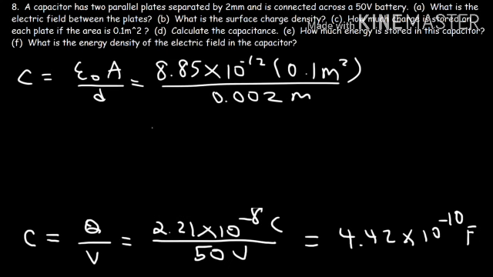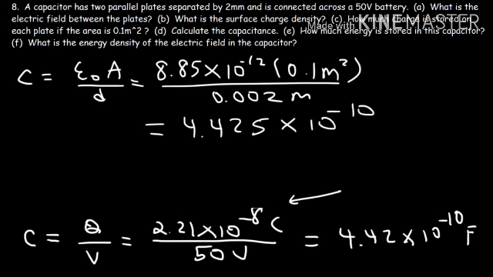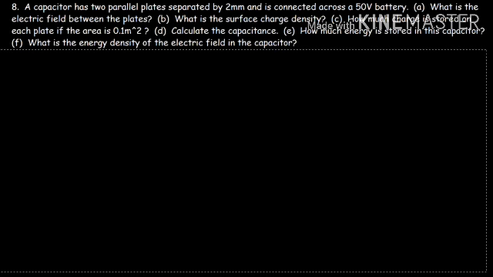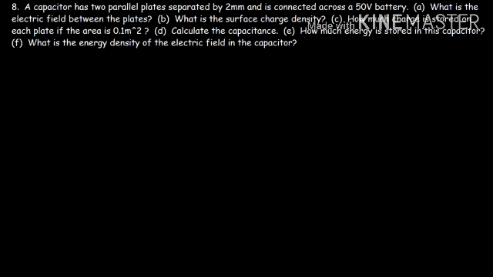So this will also give you 4.42. It's really 4.425, but this answer is a rounded answer, times 10 to the negative 10 farads. So using either equation will give you the same answer. Now let's move on to part E. How much energy is stored in this capacitor?